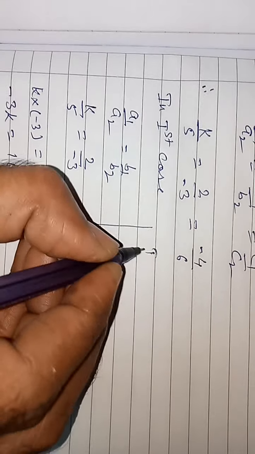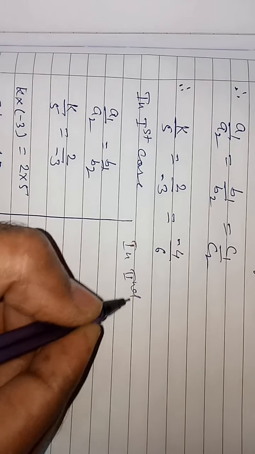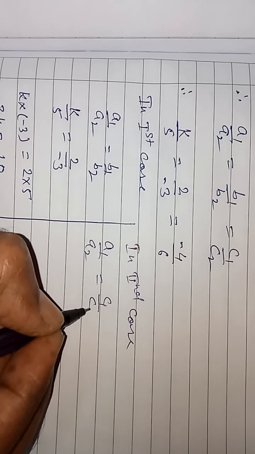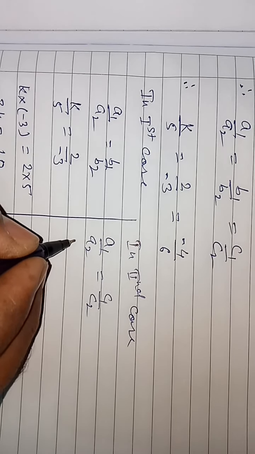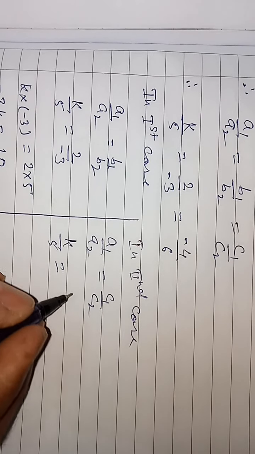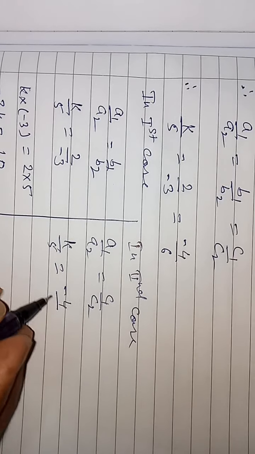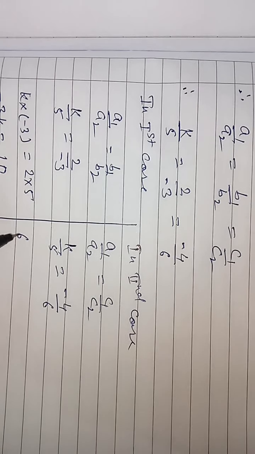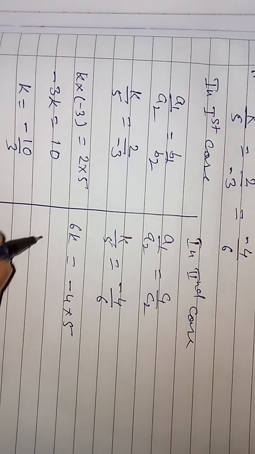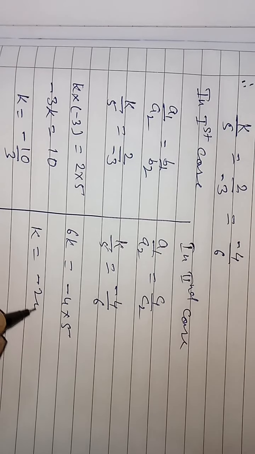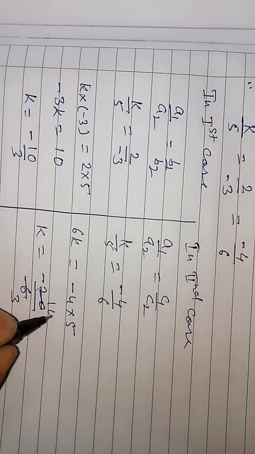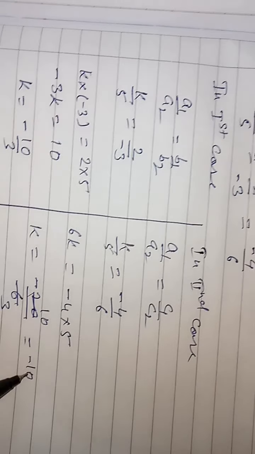In second case, a1 upon a2 is equal to c1 upon c2. k upon 5 is equal to minus 4 upon 6. 6k, by using cross multiplication method, minus 4 into 5. So k is equal to minus 20 upon 6. 2 3s are 6, 2 10s are 20, minus 10 upon 3.